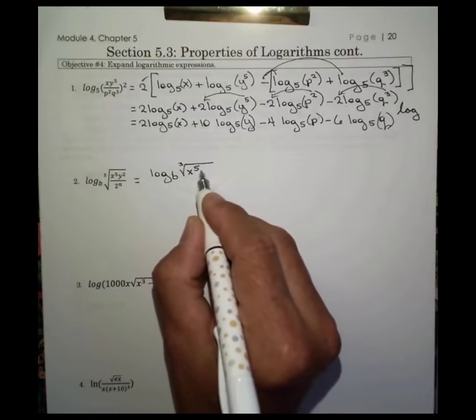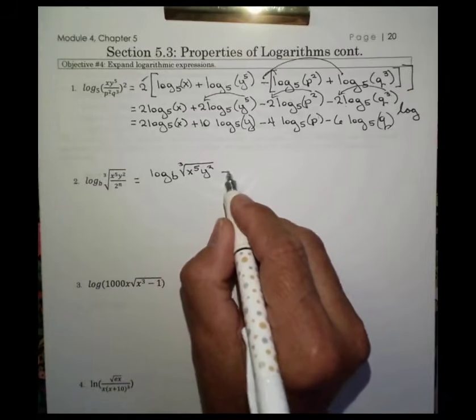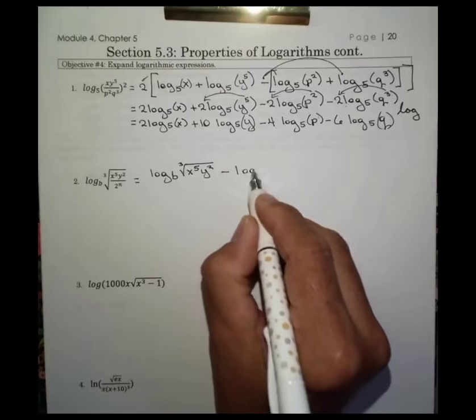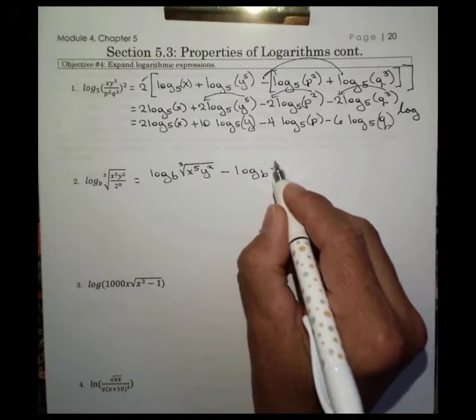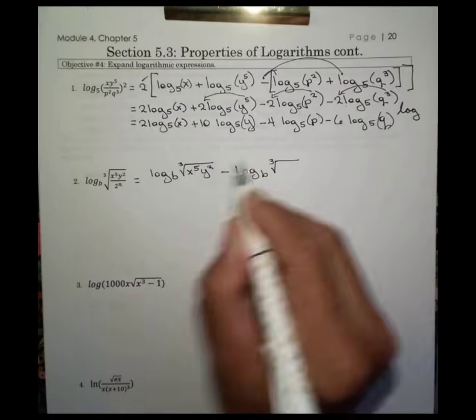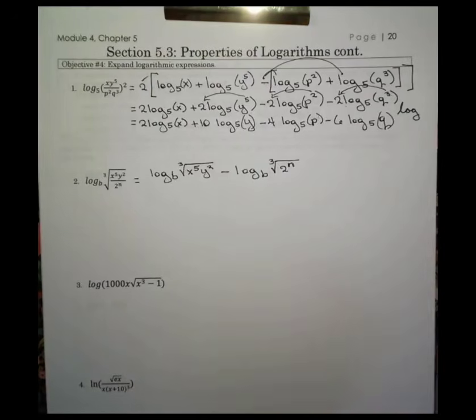It's going to be x to the 5th y squared. And then I'm going to say subtract now log base b of the cube root, because remember, it's still under that radical, and it's 2 to the power of n. Okay, so I've taken care of getting rid of that.